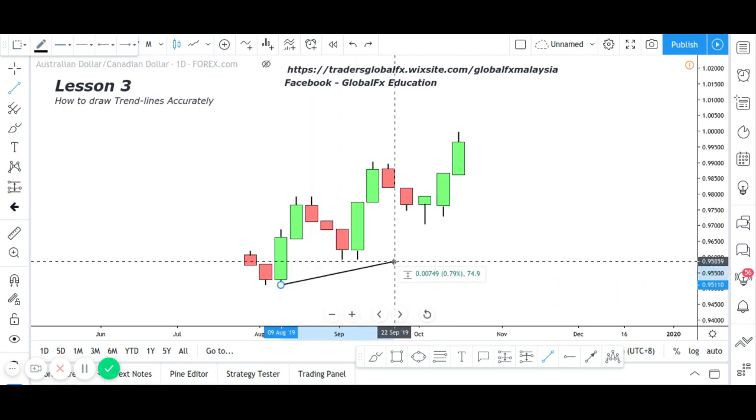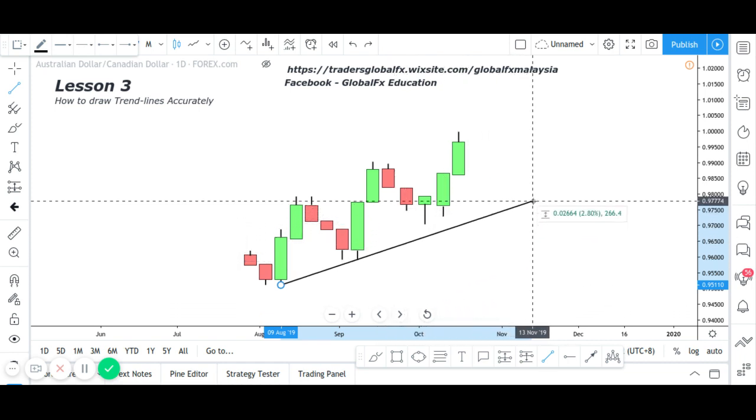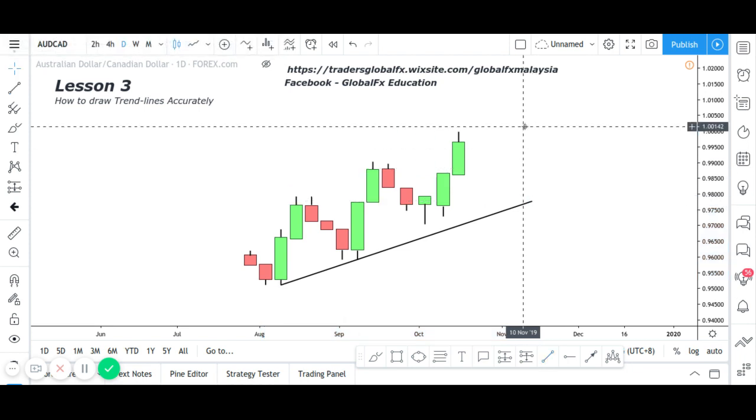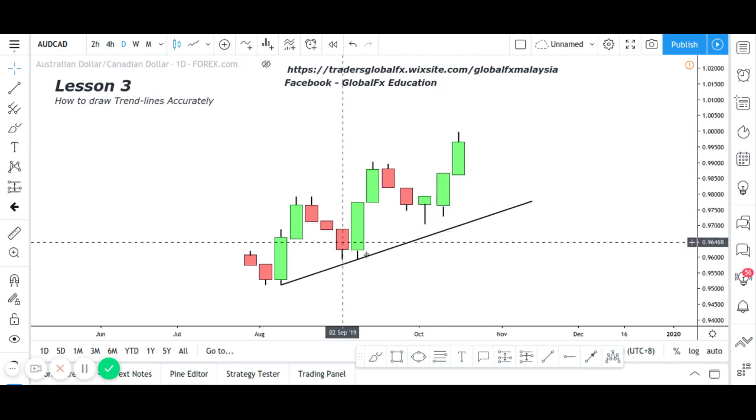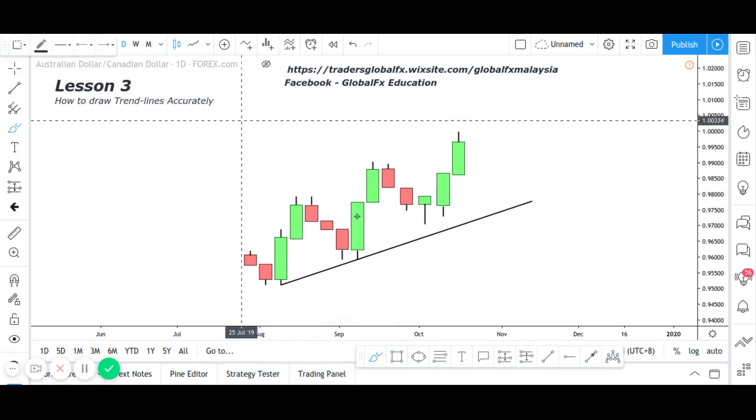And I've seen many people in the past doing this as well. They're basically trying to touch the wicks of the candles only in order to get the dynamic support of the market. Now, I will tell you guys that this is incorrect. This is the incorrect way, and we should not draw our trend line like this.